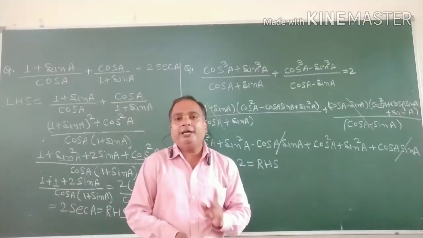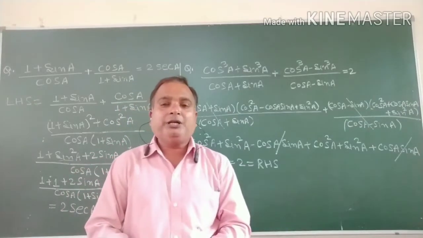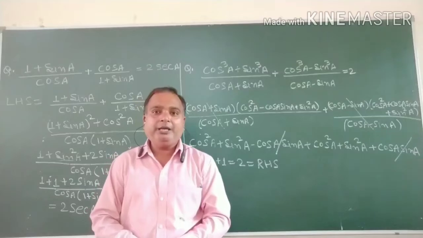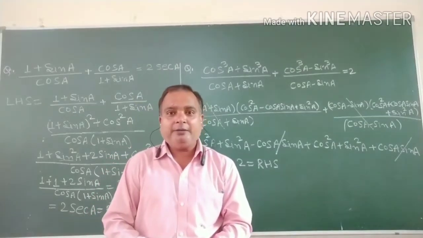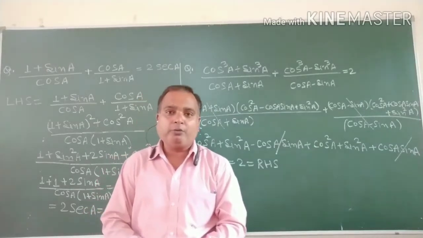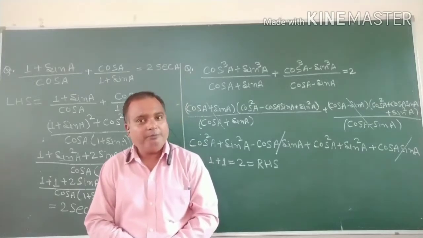The identity a cube plus b cube is (a plus b) into (a square minus ab plus b square). Similarly a cube minus b cube equals (a minus b) into (a square plus ab plus b square).